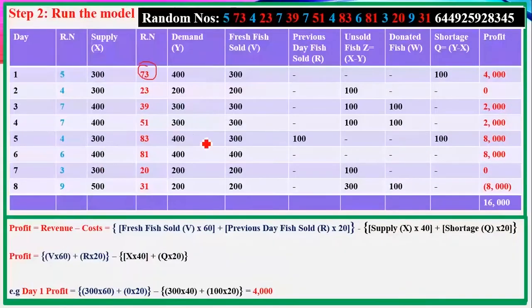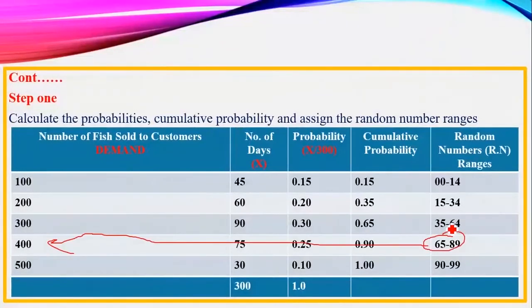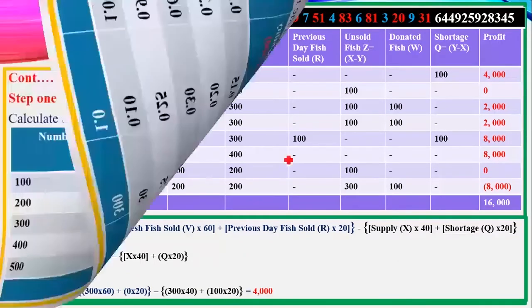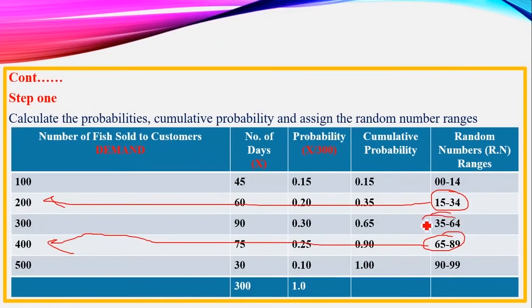Then 23, check where 23 is. 23 is in here. So that will be what? 200. That will be 200, like that. 39 is somewhere here. So this one will be what? This is 300.